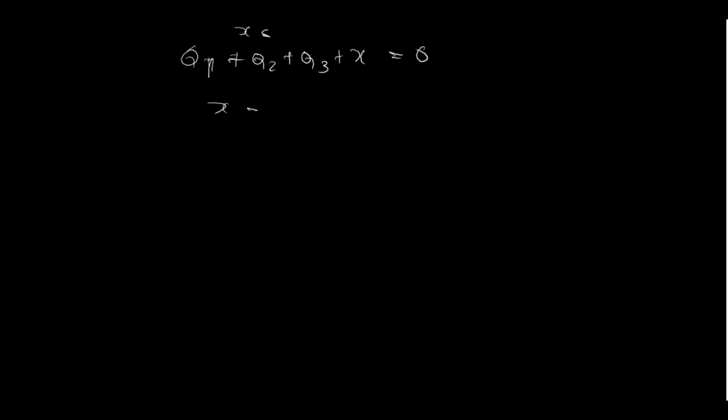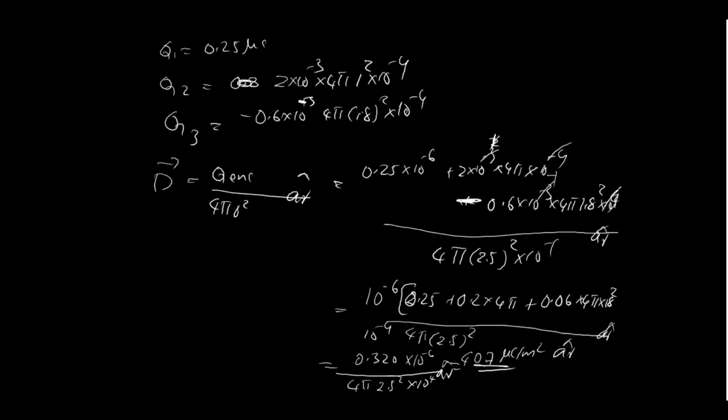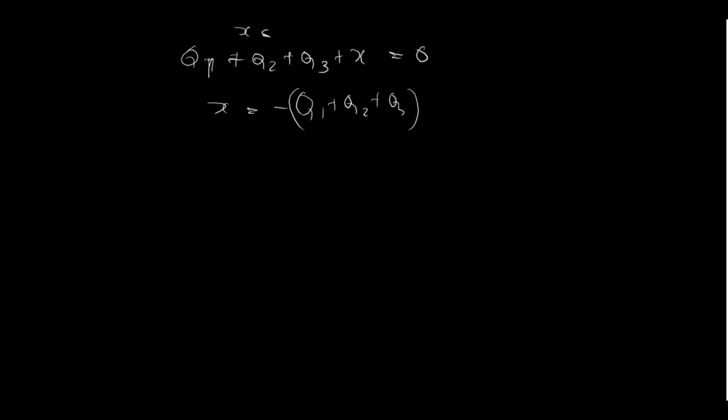So x is equal to minus of q1 plus q2 plus q3. In the last problem we have seen that q1 plus q2 plus q3 becomes 0.320 into 10 raised to minus 6. So that will be minus 0.320 into 10 raised to minus 6 coulombs.